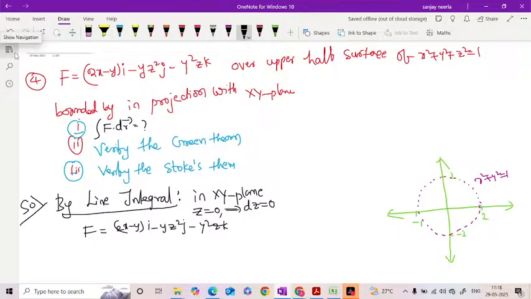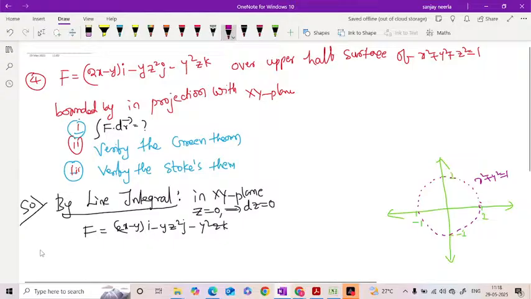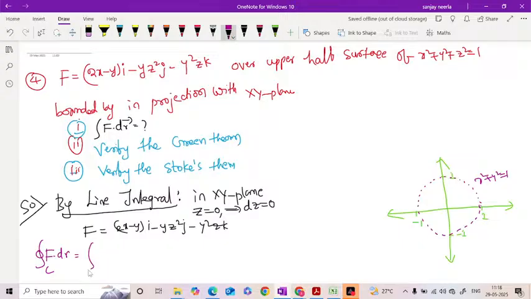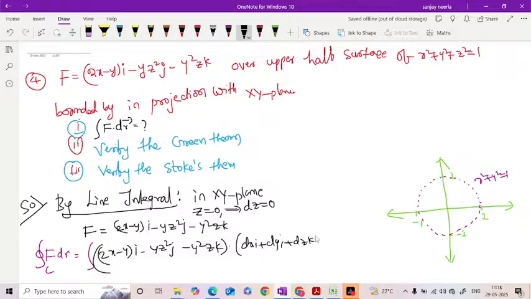Now just do the line integral. The line integral of F dot dr is equal to (2x minus y) i minus y z square j minus y square z k dot (dx i plus dy j plus dz k).